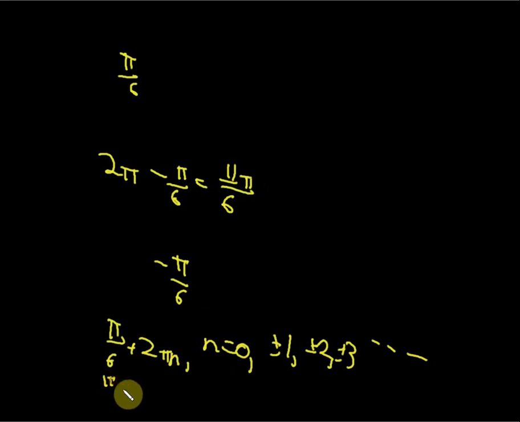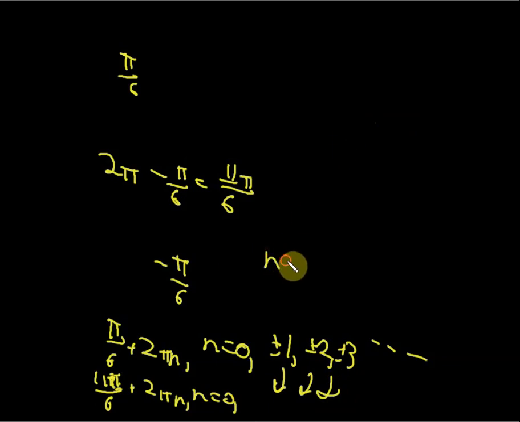We also do 11 pi over 6 plus 2 pi n, where n equals 0, and then the same thing on the bottom. And then basically to get this negative pi over 6, that's with n equals minus 1. So there's your solution.